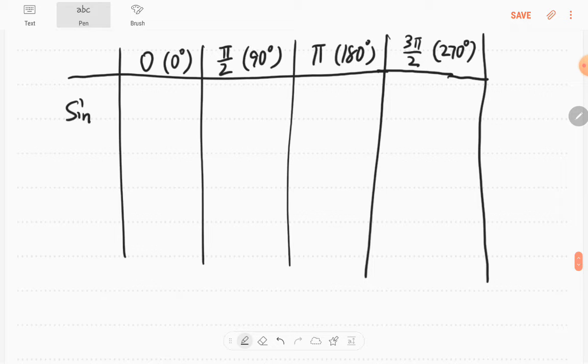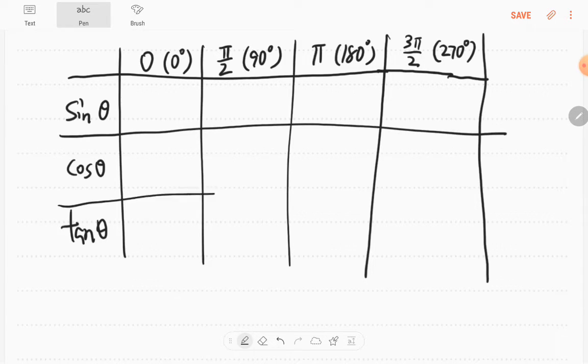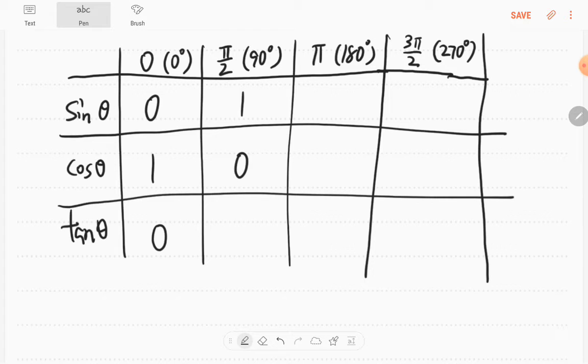And the sine theta, cosine theta, and tangent theta. Sine 0 equals 0, cosine 0 equals 1, tangent 0 equals 0. Sine pi over 2 equals 1. Then cosine pi over 2 equals 0. Then tangent pi over 2 is undefined, does not exist.